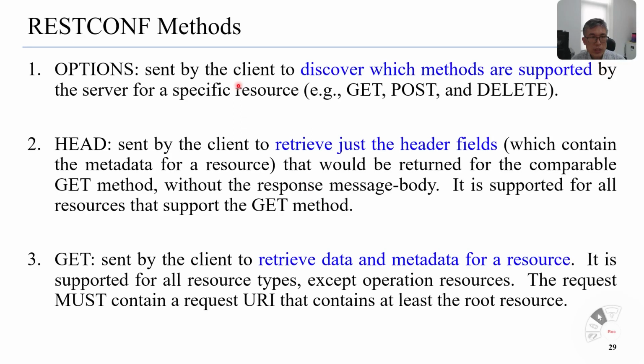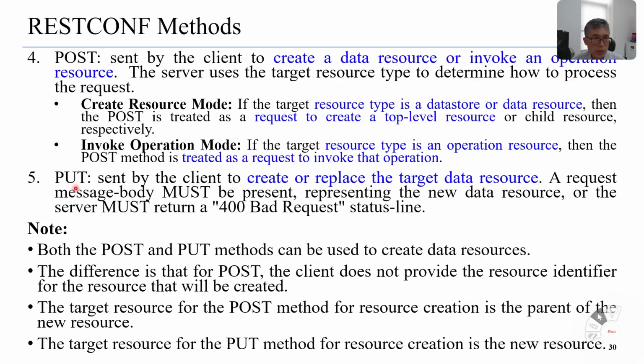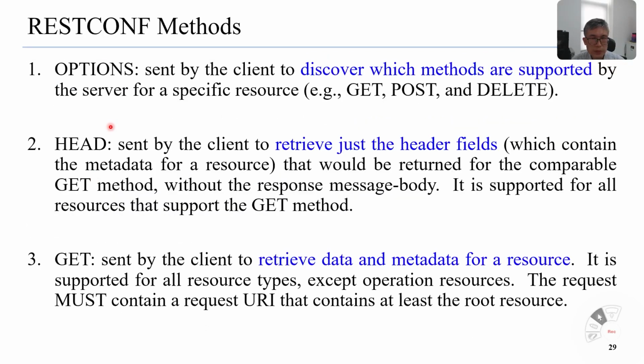Options, head, get, post, put are the basic REST API methods, and RESTConf can use these methods. Options discovers which methods are supported by the NETCONF server, head retrieves just the header field for debugging, and get retrieves data and metadata of a resource. It is supported for all resource types.